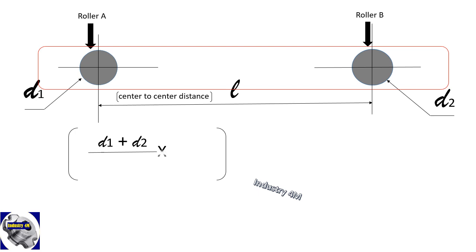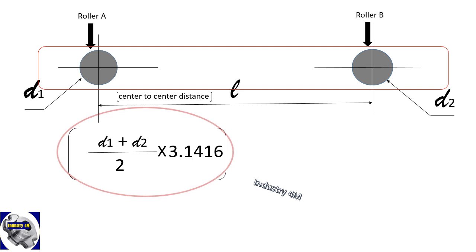Now, dear friends, you can see there are two rollers in this slide, and we are considering that both rollers are in different sizes. Then how can we calculate the length of the conveyor? One diameter D1 plus D2, divided by 2, into the value of pi, which is 3.14.